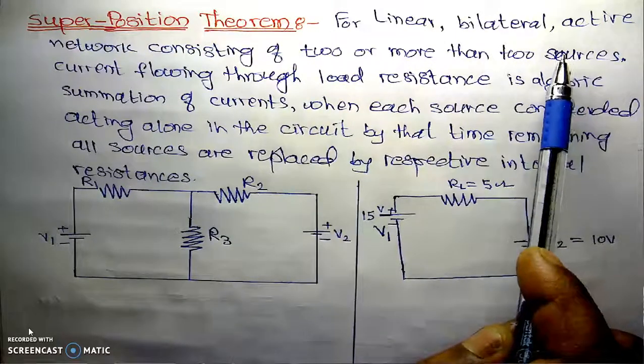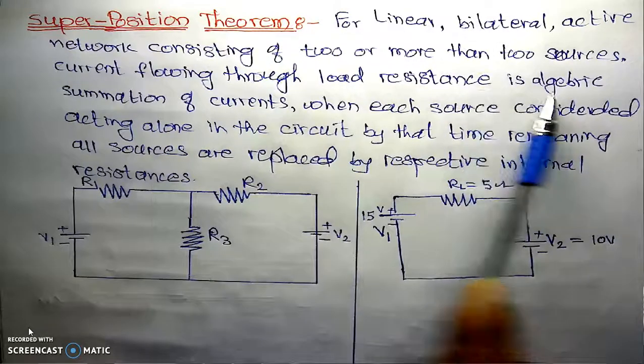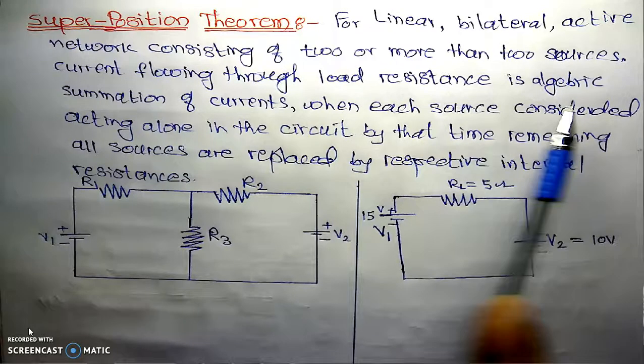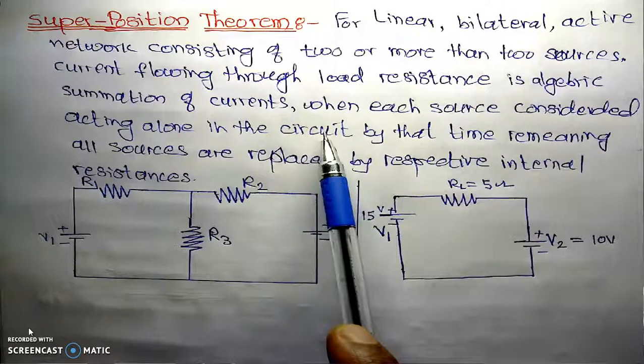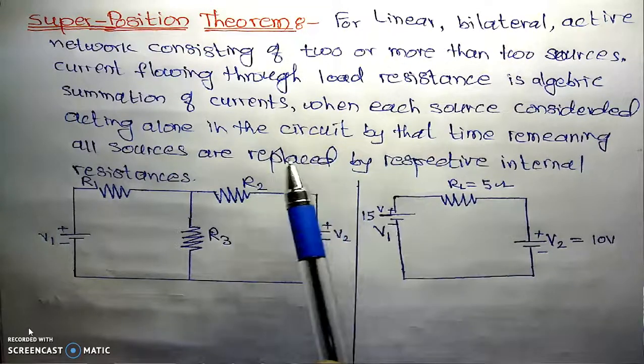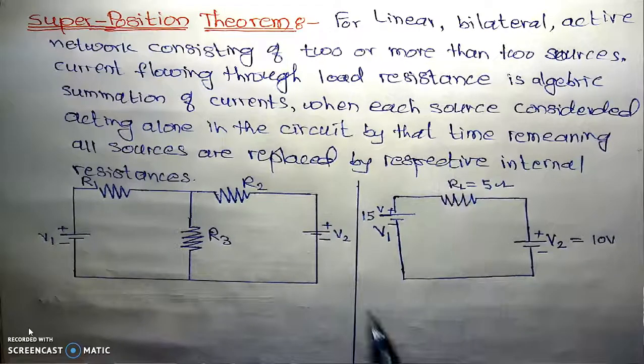Minimum requirement is two sources. Current flowing through the load resistance is the algebraic summation of the currents when each source is considered acting alone in the circuit, and by that time all the remaining sources in the circuit are replaced by their respective internal resistance. This is the statement of the superposition theorem.